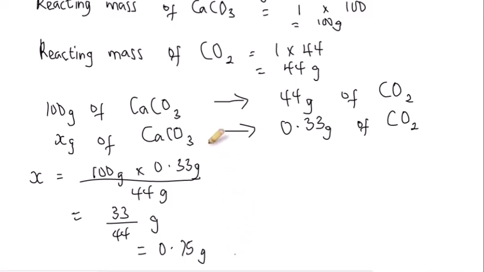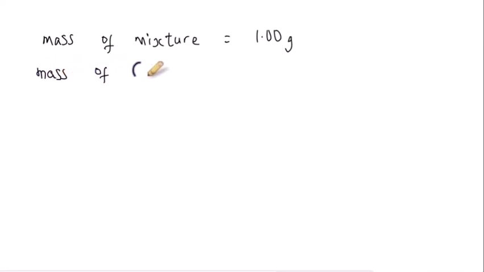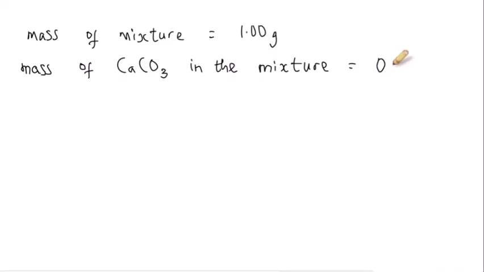Meanwhile, in the question, we are told that the mass of the mixture is 1.00 grams. Note that the mixture contains calcium carbonate and calcium oxide. So mass of the mixture equals 1.00 grams. Mass of calcium carbonate in the mixture equals 0.75 grams.